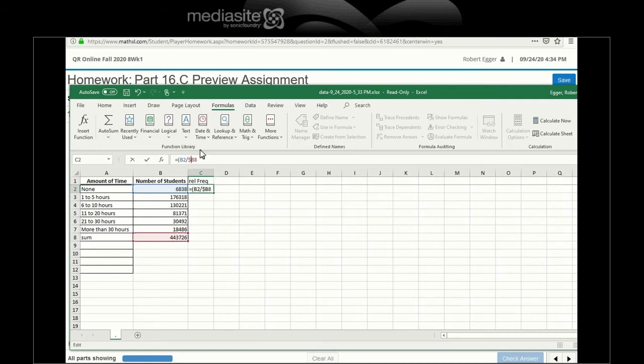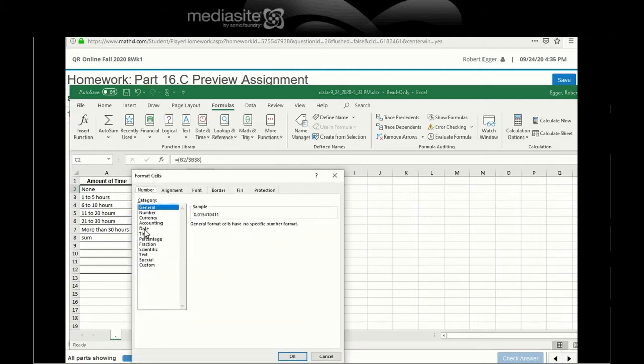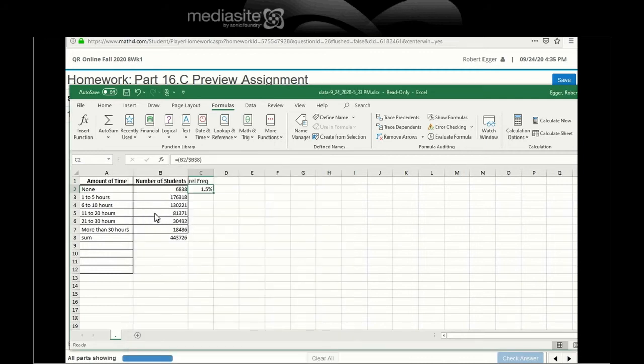Again, I'm going to freeze that. And let's go do that. And I'm going to reformat into a percent. And get the same thing.